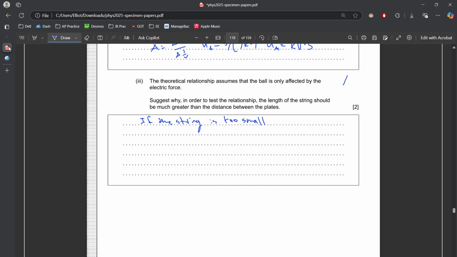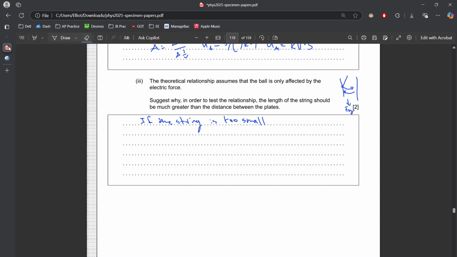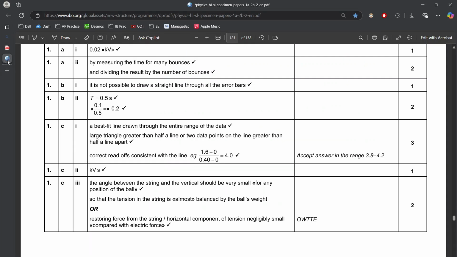It'll be kind of just swinging back and forth between these two plates, which means that there's actually a force of gravity taking effect. I'm not going to write it all out, but that's kind of my logic.